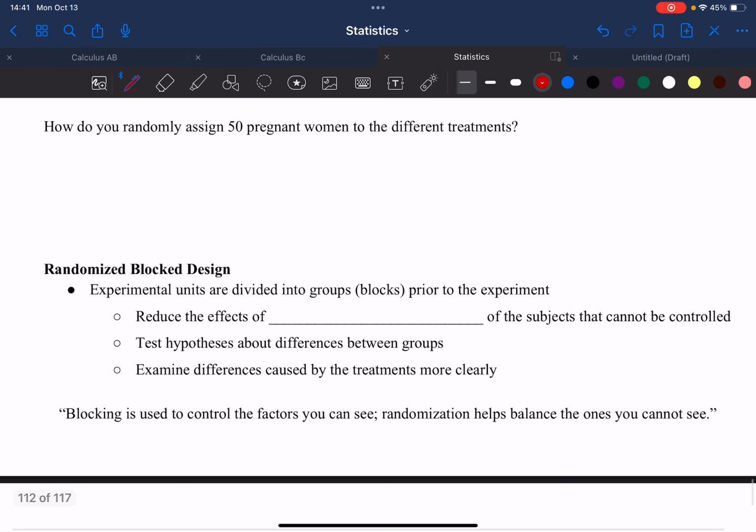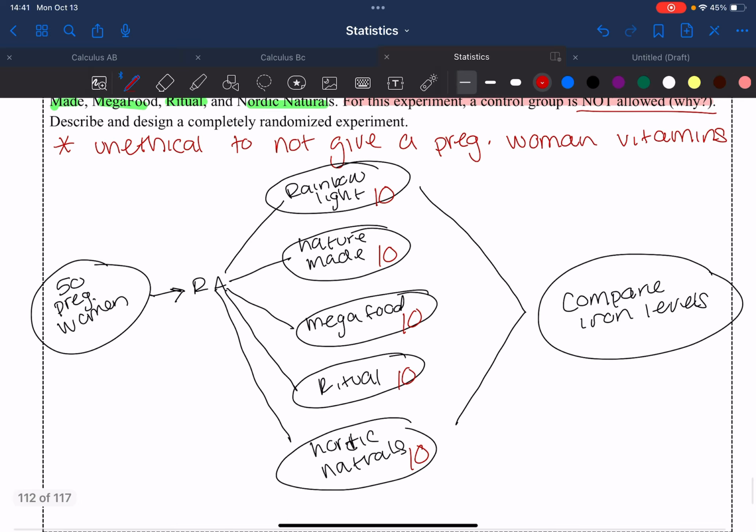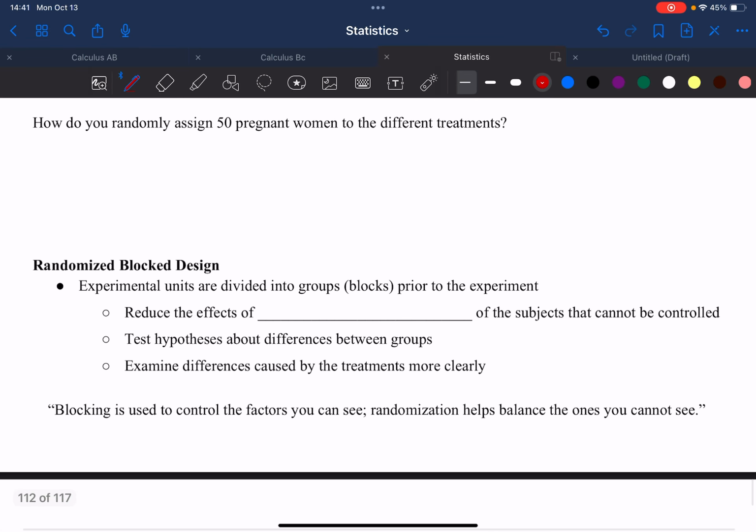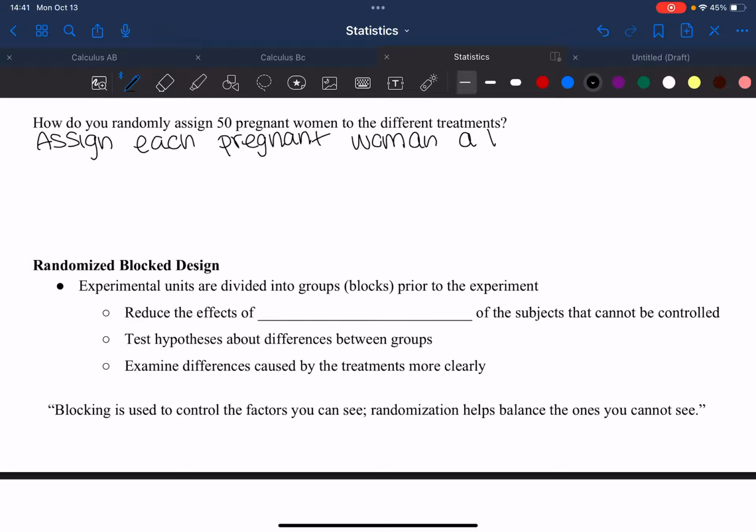How do you randomly assign 50 pregnant women to a different treatment? So not only do you need to know how to draw this, you also have to be able to describe this in words. So we would say we would assign each pregnant woman a number 1 through 50.